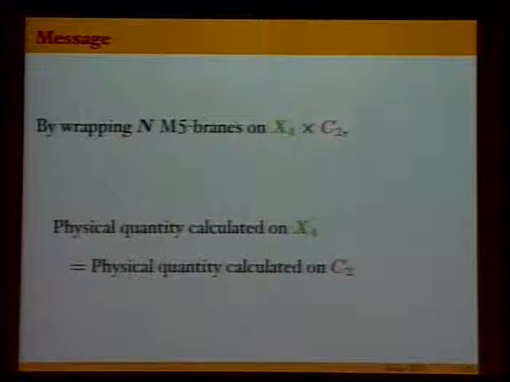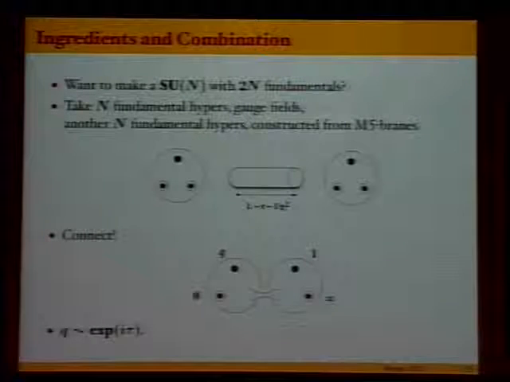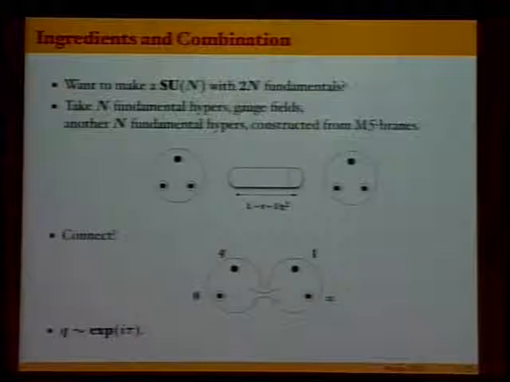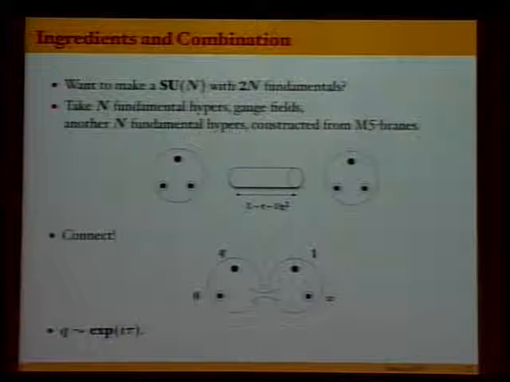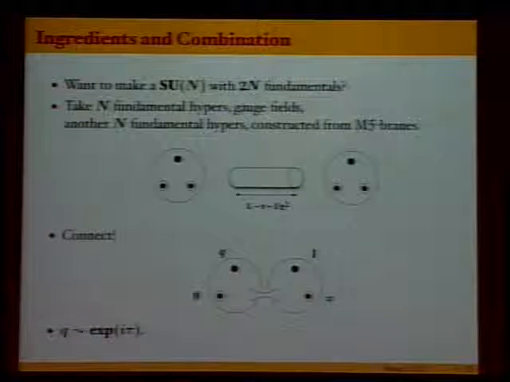First, let me remind you what kind of 4D theory you get by wrapping N M5 branes on a Riemann surface. The good thing is that Davide Gaiotto came up with a very nice rule to read off the 4-dimensional Lagrangian, just given the ingredients of the Riemann surface and combining them.